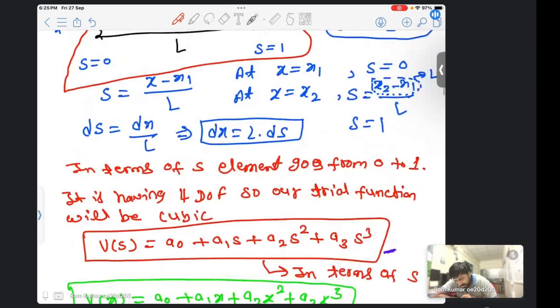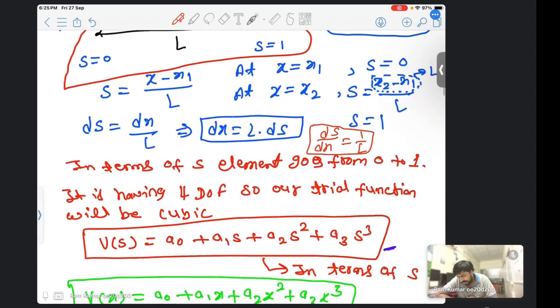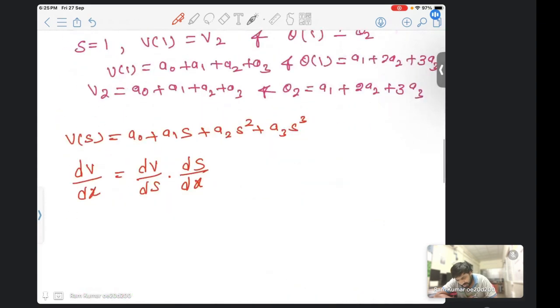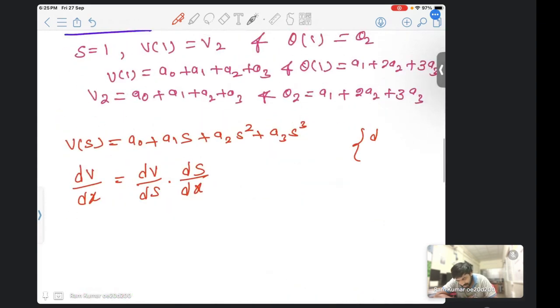We can say ds by dx equal to 1 by L. So in place of this we can put this one.